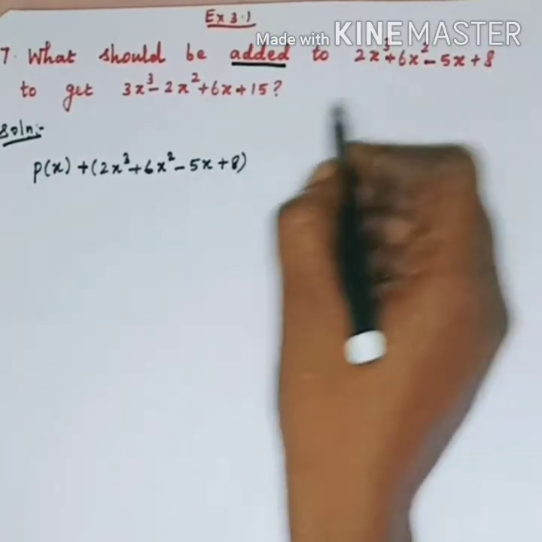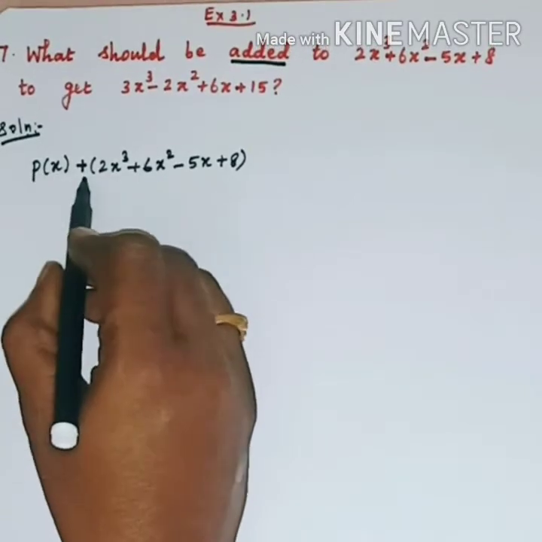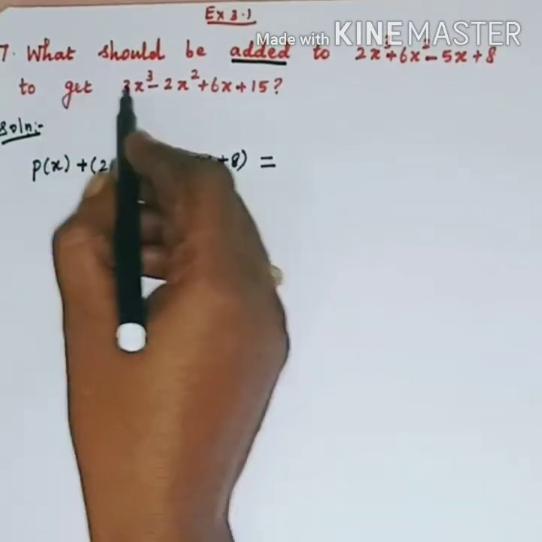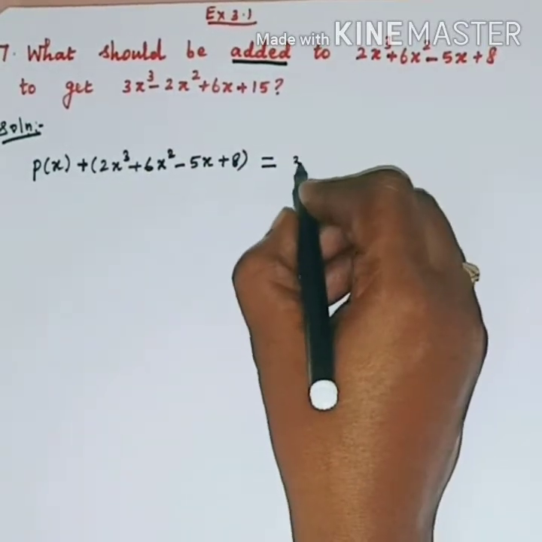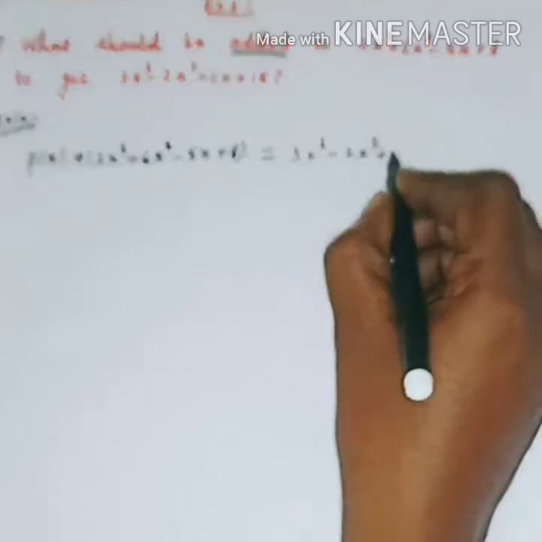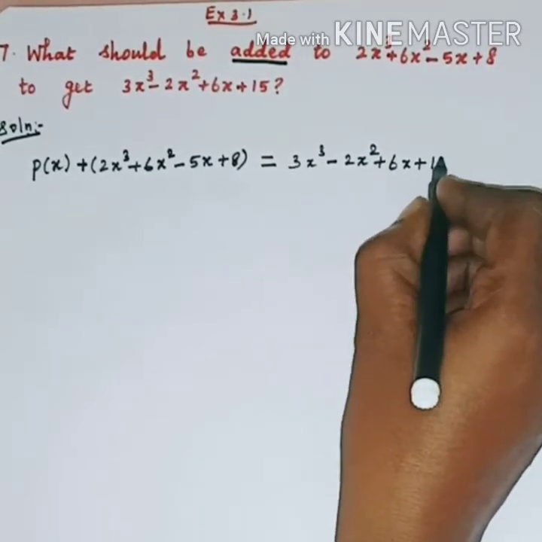This is the expression they have given. So, p of x is added to this expression, and we will get 3x cube minus 2x square plus 6x plus 15.